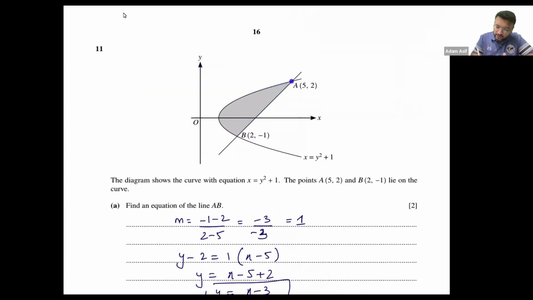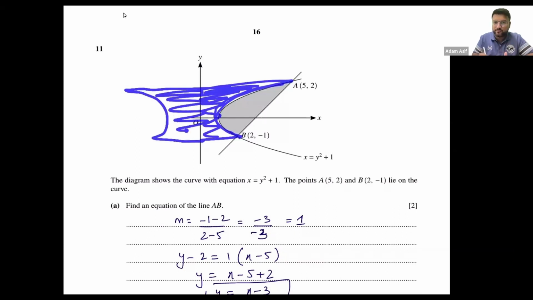And when you rotate the area between the curve and the y-axis, you're going to get this type of shape. ठीक है. अब हमें अगर ये फाइंड करना है, if we need to find the volume when the shaded region is rotated 360 degrees about the y-axis, then we are first going to find the volume generated when the line is rotated 360 degrees, minus the volume when the area between the curve and the y-axis is rotated 360 degrees. सही, पर माइनस करके आपके पास आंसर आएगा.